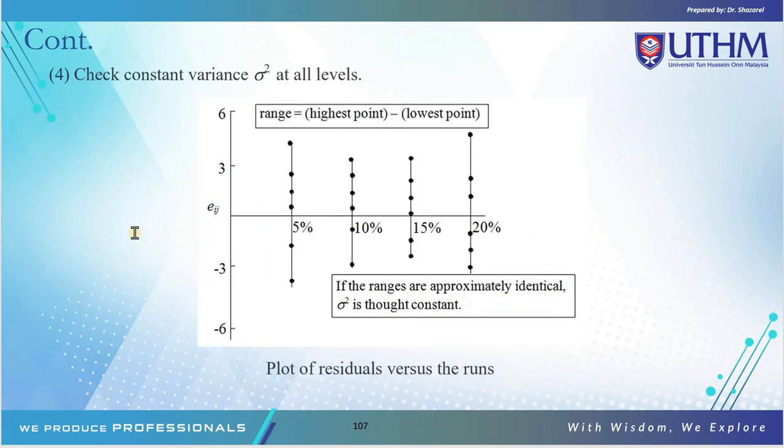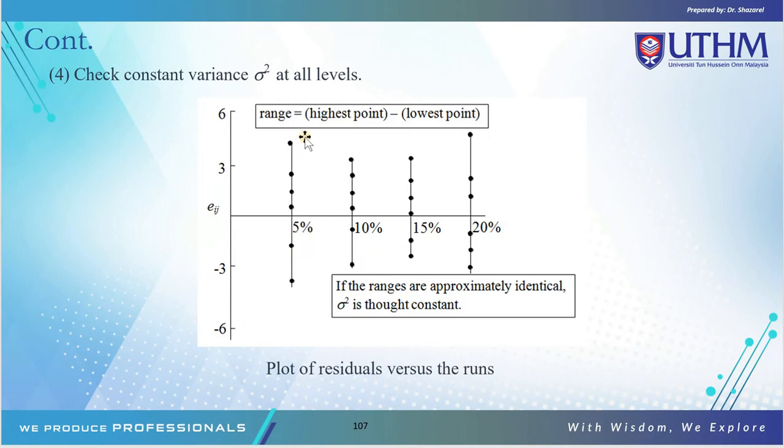Then we're going to check the constant variance, which is the last assumption. For this example of percentage of concentration just now, there are 4 percentage levels. For each level, we plot the residual versus the run: the first run, second, third and fourth run.